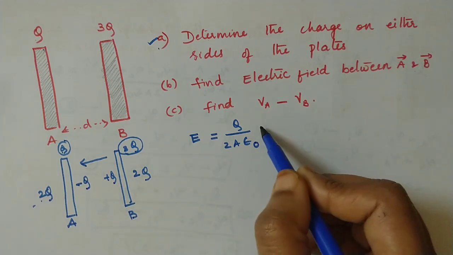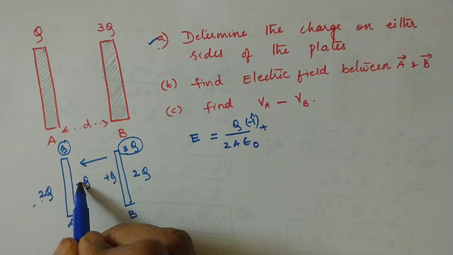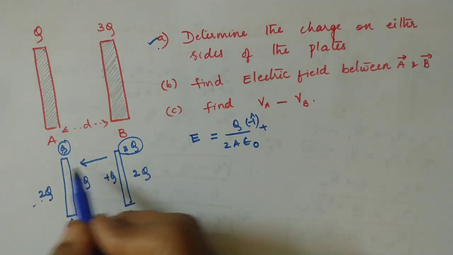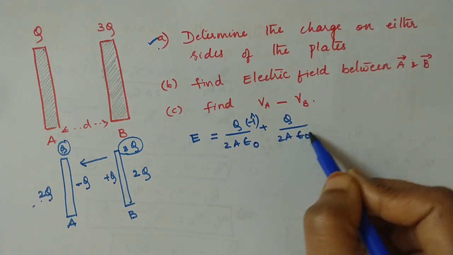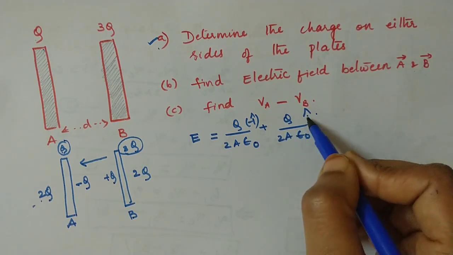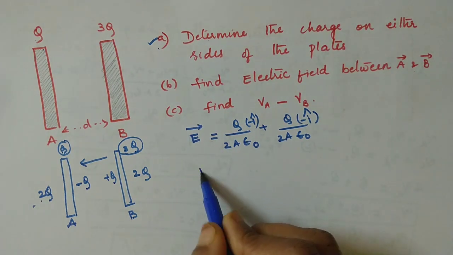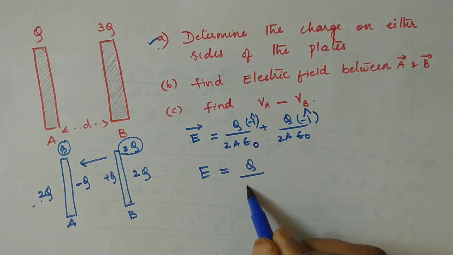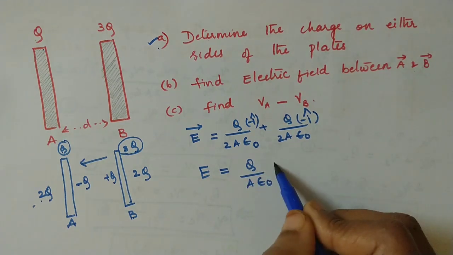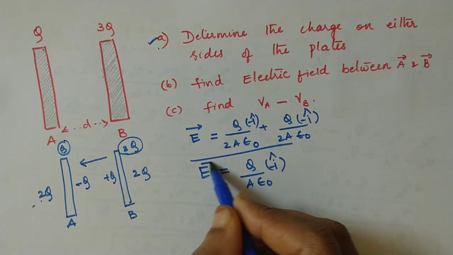Due to minus Q, the field is towards the negative charge: Q by 2A epsilon naught into minus I cap. Both the fields are in the negative direction. So the field between the plates would be Q by A epsilon naught into minus I cap. Minus I cap gives you the direction.